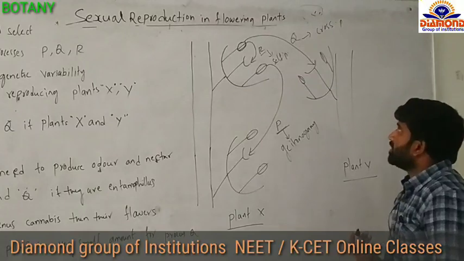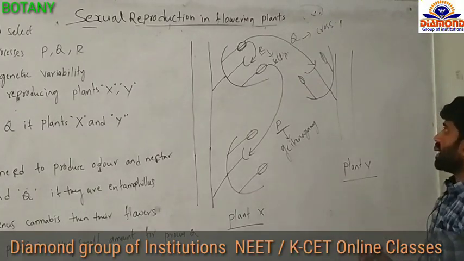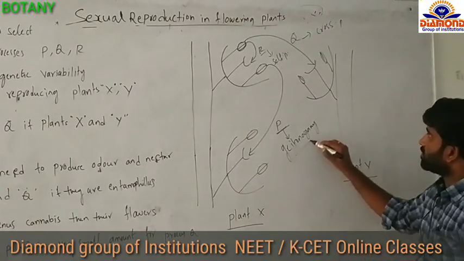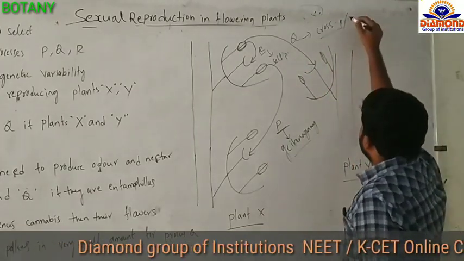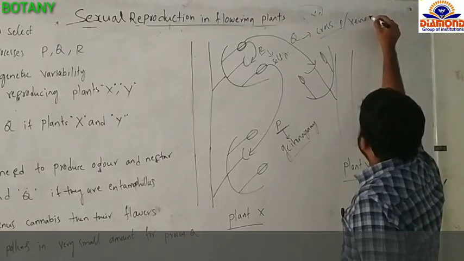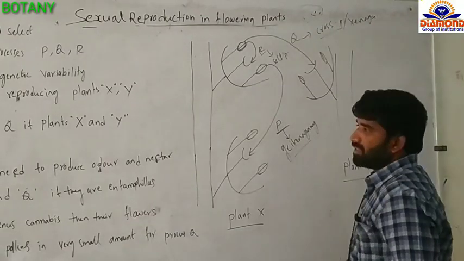So P is geitonogamy, Q is xenogamy, or cross pollination, and R is self-pollination.